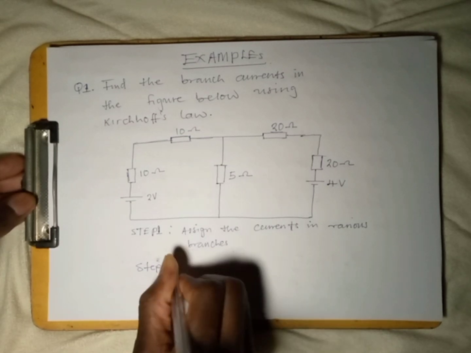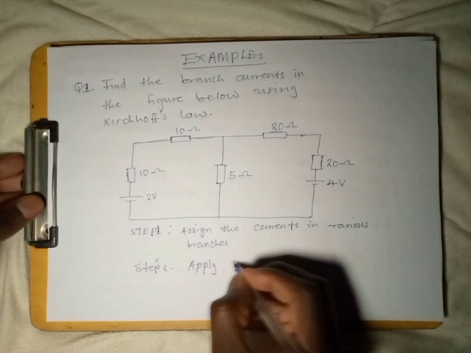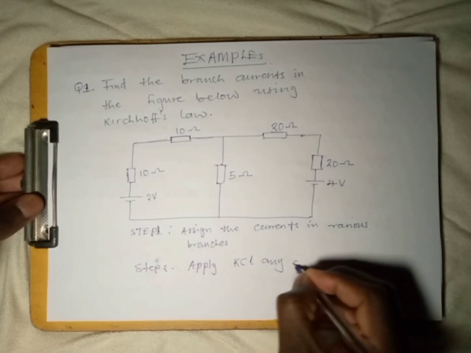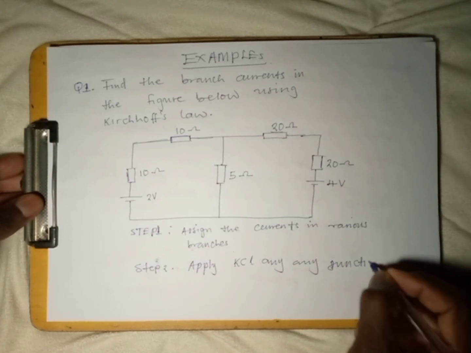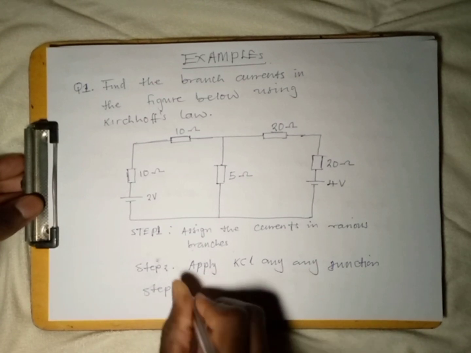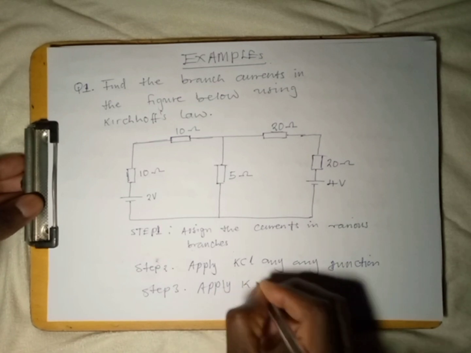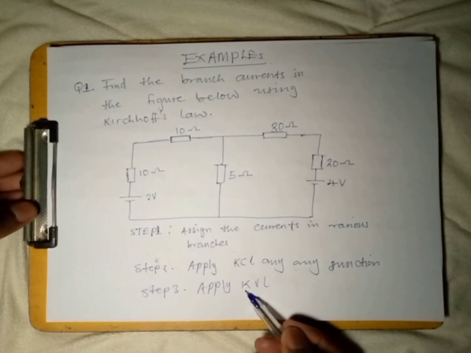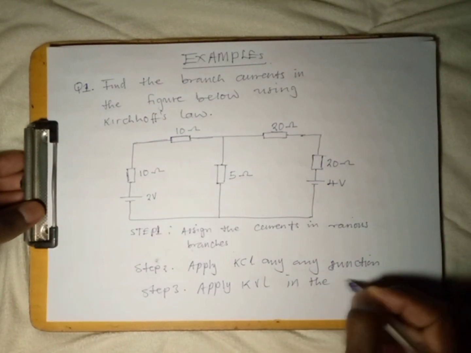Step number 2, apply KCL at any junction. Step number 3, apply KVL in the closed loops. Remember, KCL is Kirchhoff's current law, and KVL is Kirchhoff's voltage law.